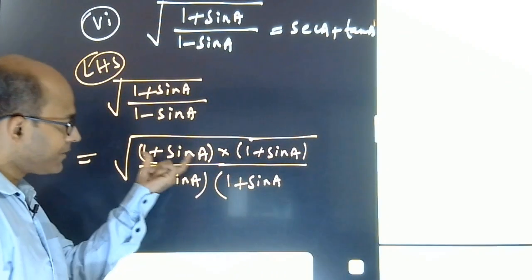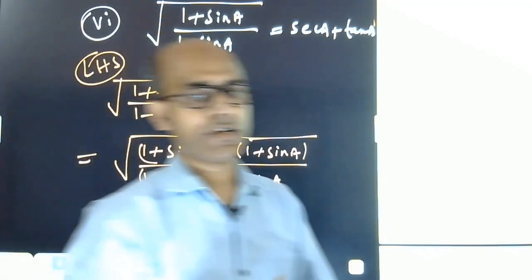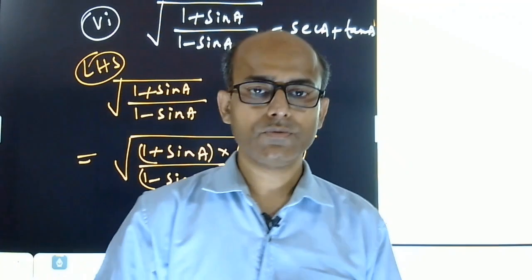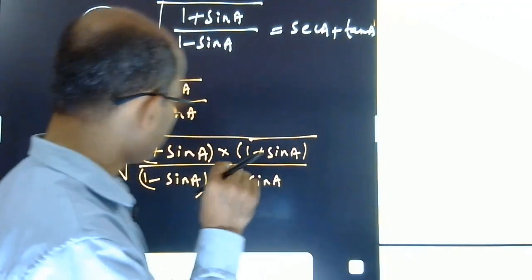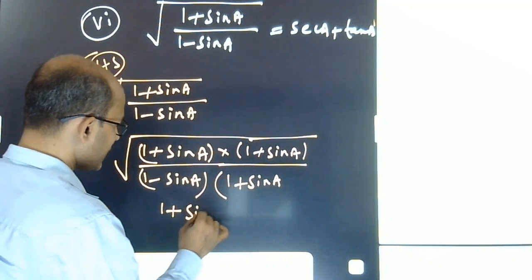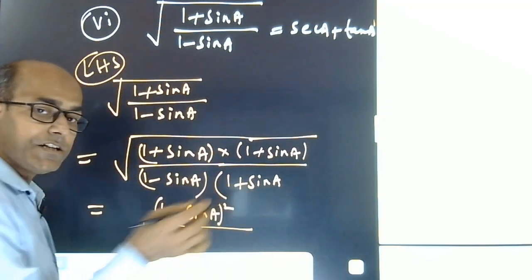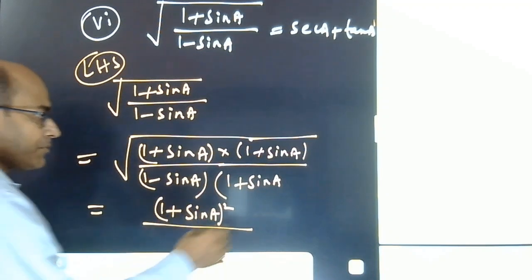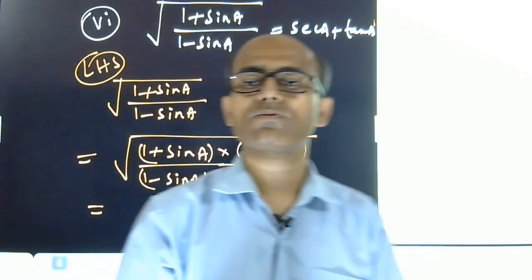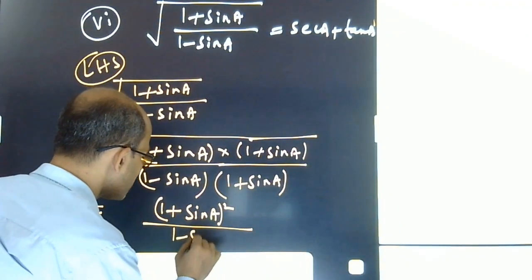In the numerator, (1 plus sine A) multiplied by (1 plus sine A) will give (1 plus sine A) to the power 2, just like 2 multiplied by 2 gives 2 raised to the power 2. But in the denominator, (A plus B) multiplied by (A minus B) will give A square minus B square. And how much will it be? 1 minus sine square A.